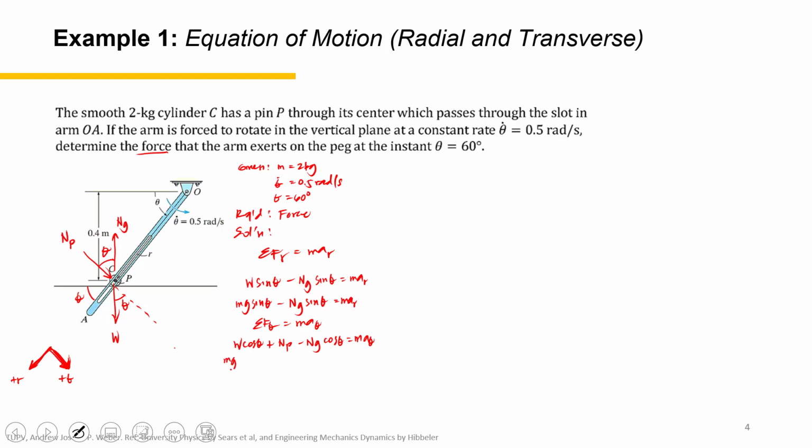Finally we have mg cosine theta plus N_P minus N_G cosine theta equals m a_theta. So this is our equation number 1, and this is equation number 2.